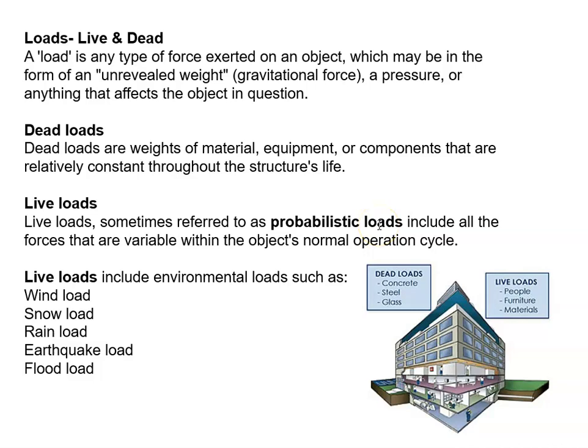The amount of the load, when it arrives, how long it stays for, all those things could change. People, furniture, materials, that could all change. Materials, I would say, if they're bolted down, belong to a dead load, so I'm not exactly sure what they mean by materials there. And then we have environmental loads. People are live loads, but then we have another subcategory, environmental loads: wind, snow, rain, earthquake, and flood.